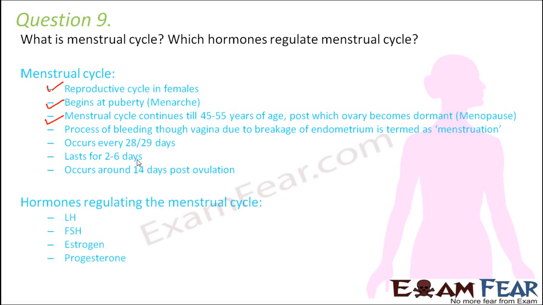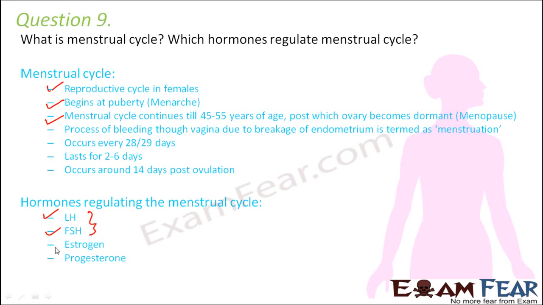Now, which hormones regulate menstrual cycle? There are quite a few hormones like LH and FSH. For example, the level of LH hormone decides when ovulation will take place, and the menstrual cycle in turn is dependent on ovulation. FSH hormone decides when the follicular growth will take place, which in turn determines when the egg will be produced, so ovulation will take place.